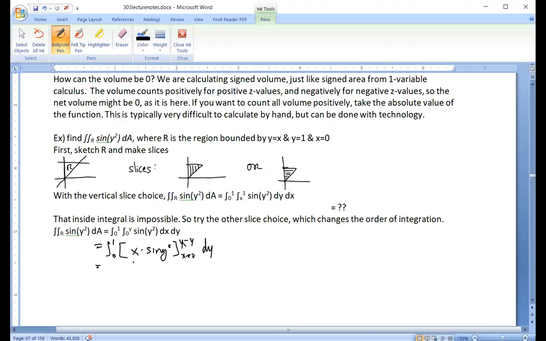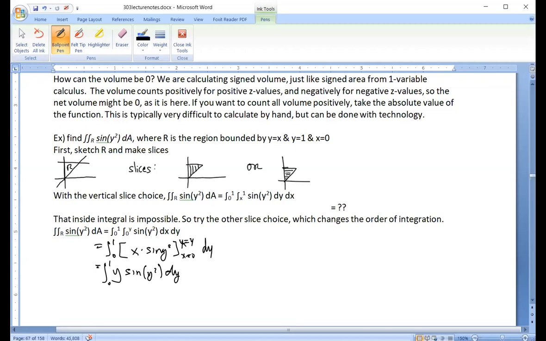Plugging in x equals y, you get y sine of y squared, minus, well, plugging in x equals 0 will just give you 0, so I'll leave that alone, dy. So now how do we do this integral?